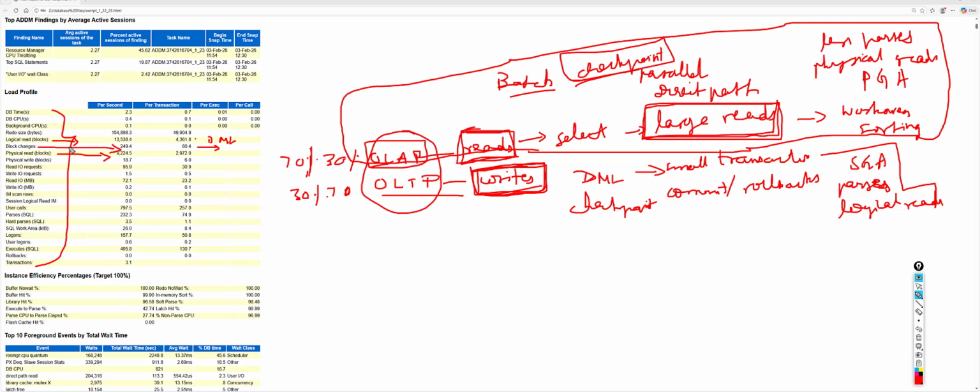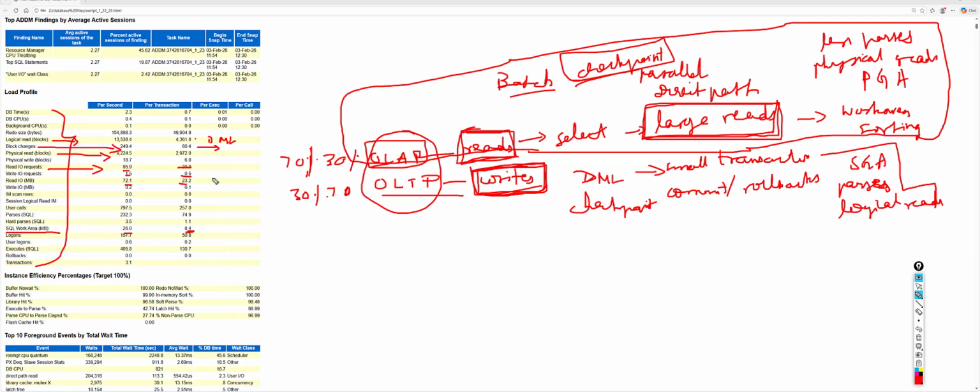We also see physical reads and also logical reads. So here we cannot directly confirm anything. And if you see the read IO requests, a lot of reads are happening compared to writes. So the read IO is also high. And if you see the SQL work area, even SQL work area is also used.